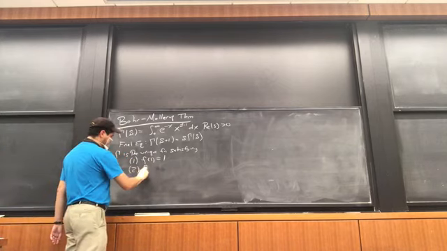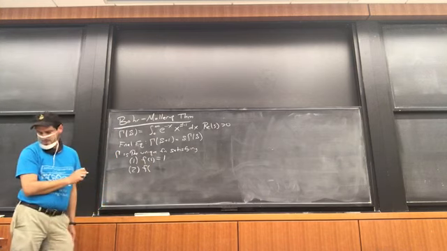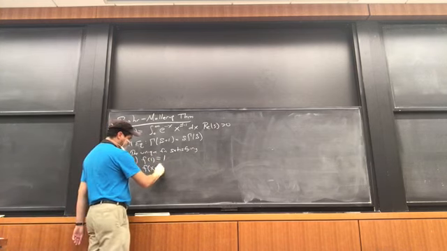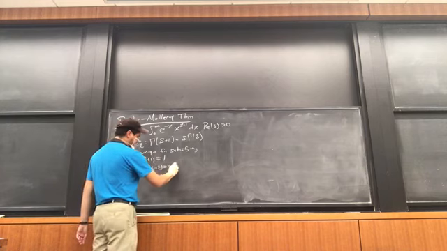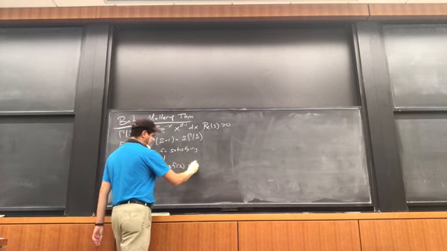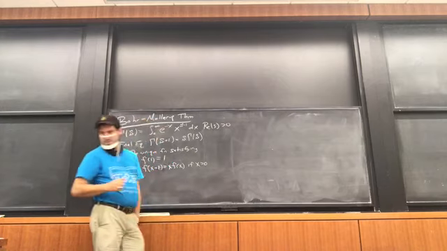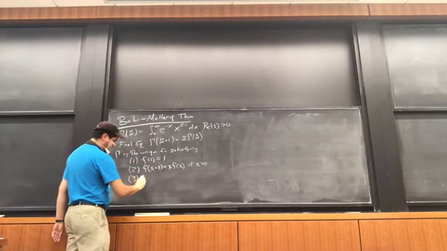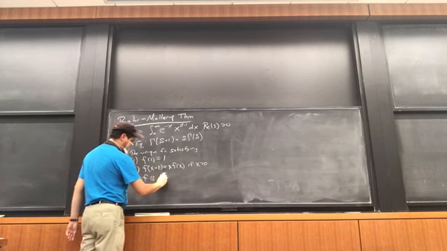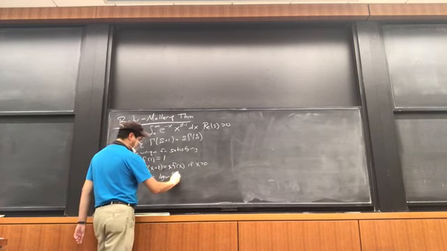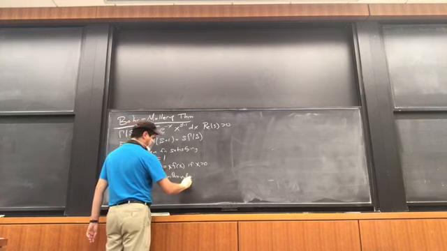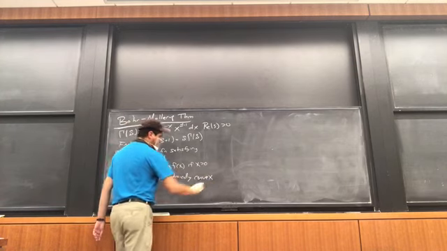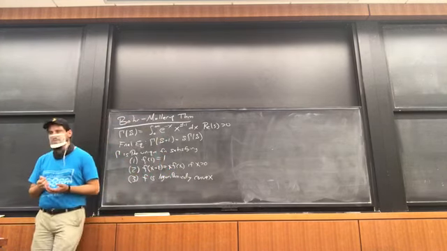The second one is f of x plus 1 is x times f of x, if x is greater than 0. And third, f is logarithmically convex. So if you take the logarithm, you get a convex function.